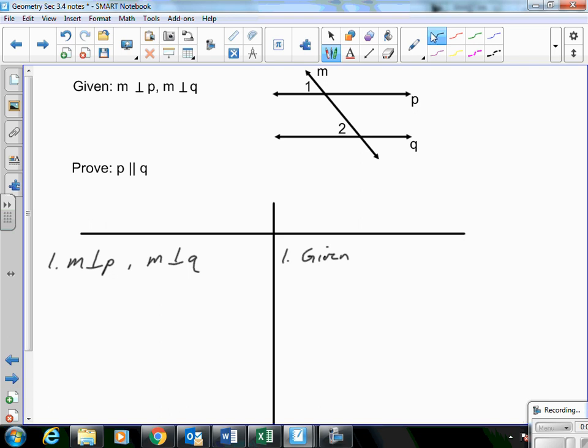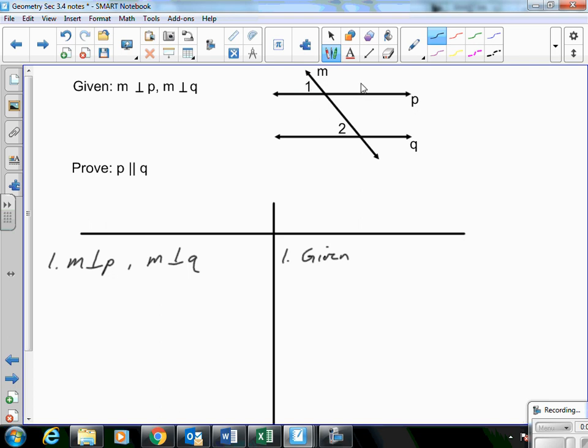And because M is perpendicular to these two lines, what do we know about angle 1 and angle 2? They are congruent, but we've got to say something else before we can say they're congruent. They are corresponding angles. But what do we know about these angles?